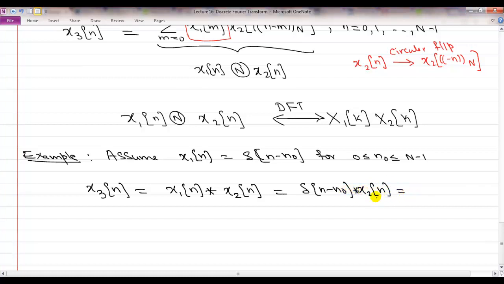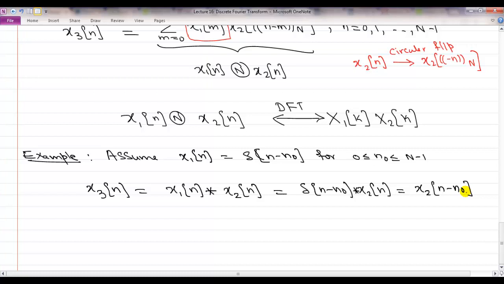When we convolve a sequence or a function with a shifted impulse, or a shifted direct delta, what happens to the resulting sequence? We just get a sequence which is shifted to the location of the direct delta. So linear convolution with the direct delta gives us a sequence which is simply linearly shifted to that location.